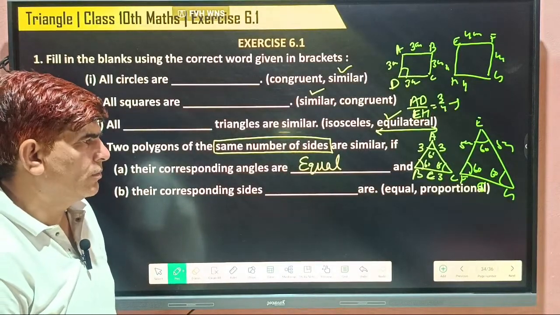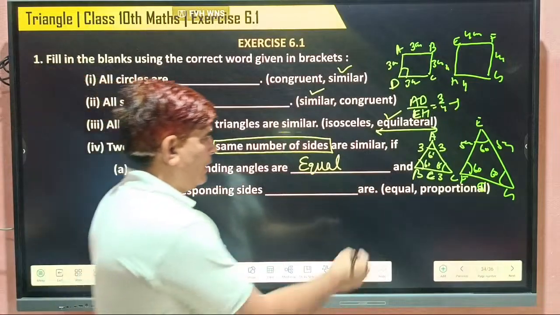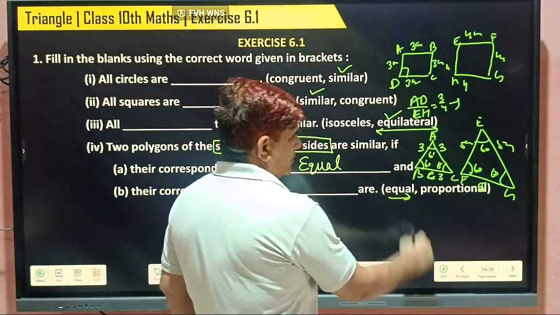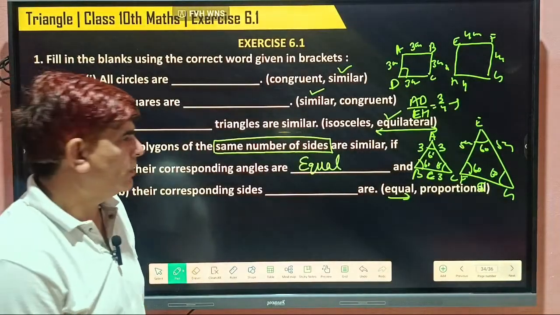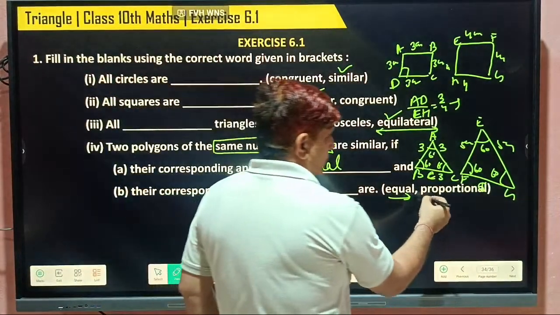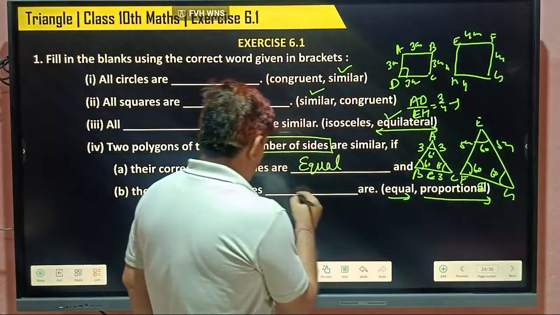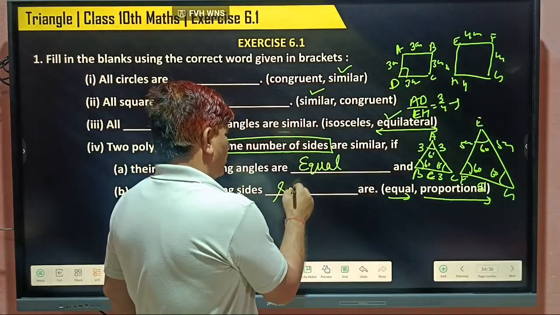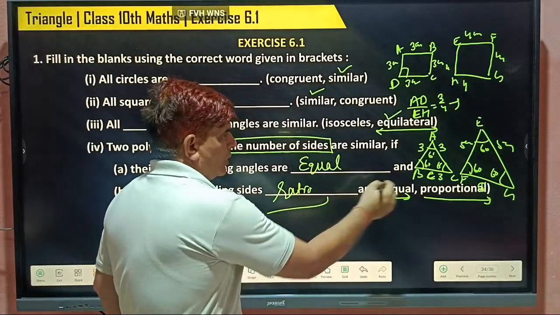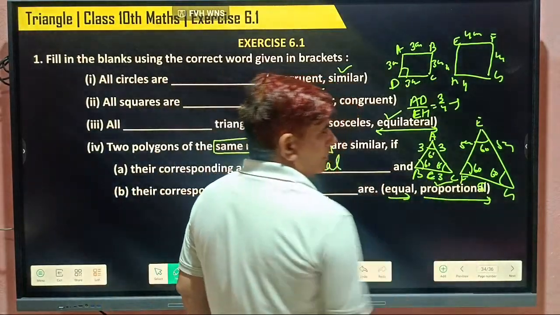The angles are equal already. If they are equal, definitely they are in the same ratio. For this, the word proportional comes: their corresponding sides are in the same ratio, and for this you can use the word proportional.